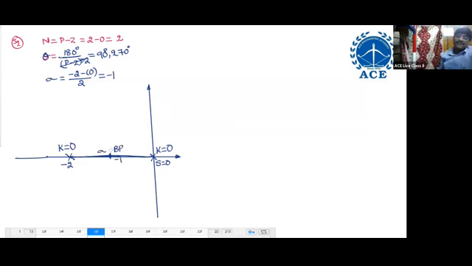With respect to the centroid, draw the angle of asymptotes, 90 and 270. Actually, angle of asymptotes should be drawn with a very light line. Okay, I'll draw with this color.